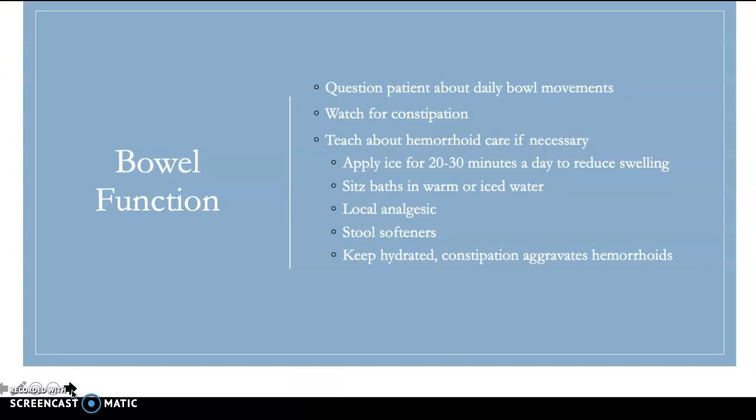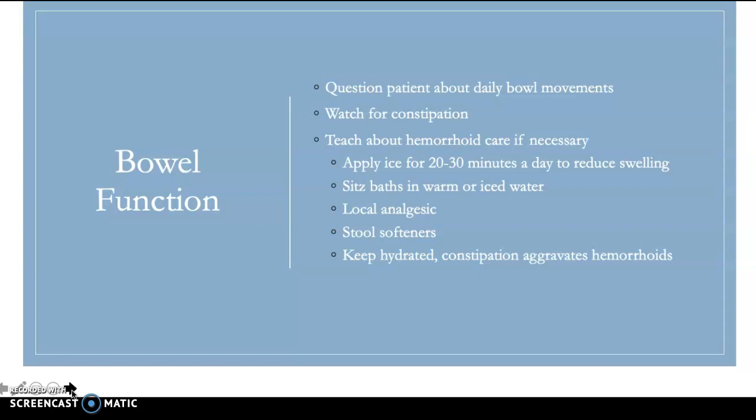We're going to assess her bowel function. So we're going to question her every day if she's had a bowel movement, and we're going to listen when we do our daily assessment or the 4-hour assessment. We're going to listen to her bowel sounds and watch for constipation. We'll give her stool softeners. Those are usually prescribed by the provider. And then we're going to teach her about hemorrhoids. A lot of women will have hemorrhoids postpartum. And like I said, it's the same kind of care that we teach for any sort of incision.